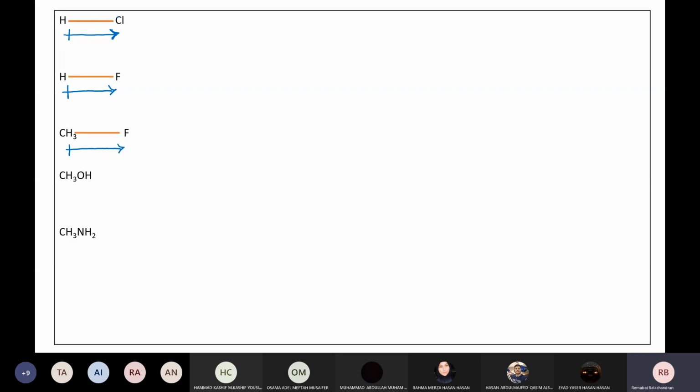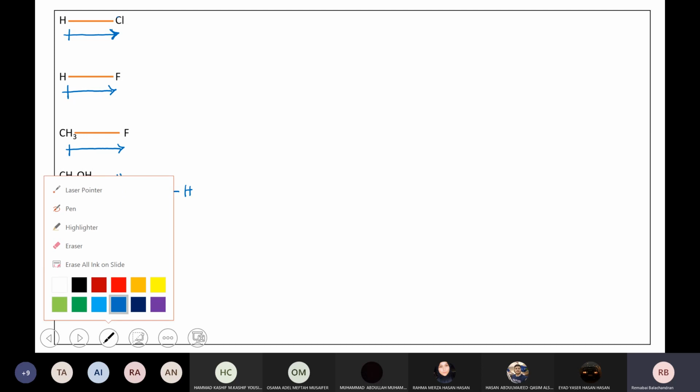Now, when it comes to CH3OH, I'll just draw the Lewis structure. The CH bond is kind of non-polar, its polarity is very little, so we go for the CO and OH bonds. O is more electronegative than C, right?